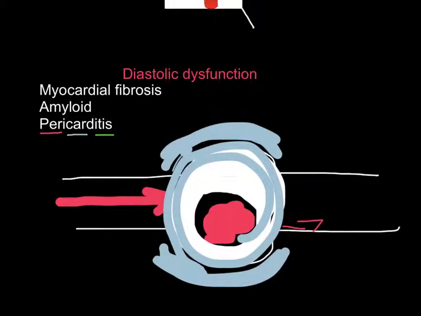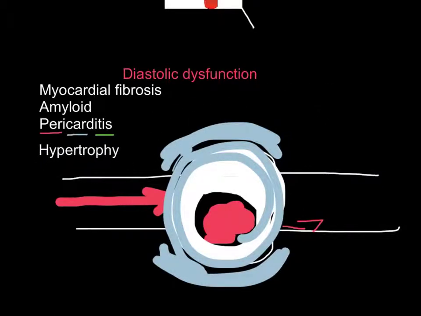Finally, we have what's called cardiac hypertrophy, and that's just a way of saying that the heart has extra muscle being built up.